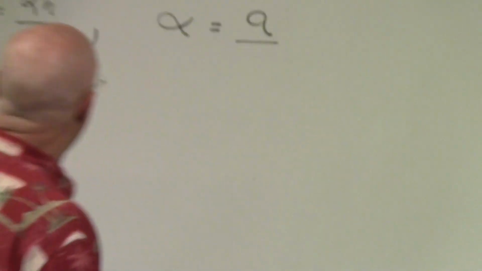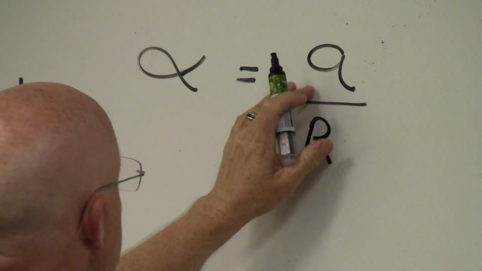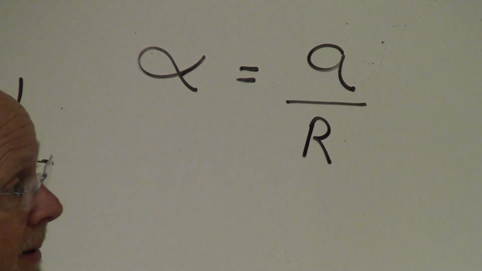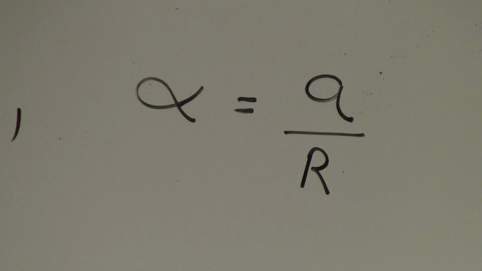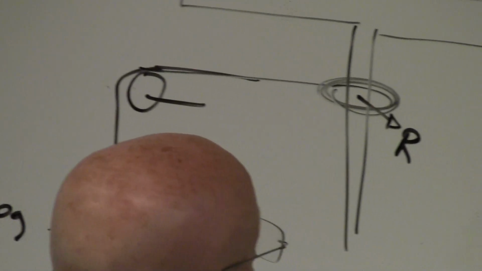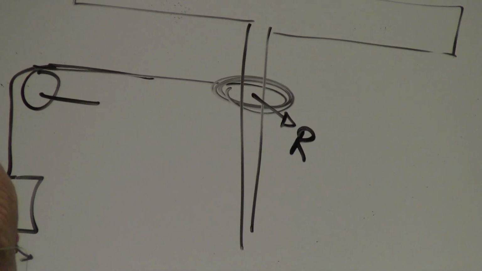Okay, and then that mathematical connection is this. It is taking the a and dividing it by the R. And let me point out, the R is the radius of where this string is wrapped around.